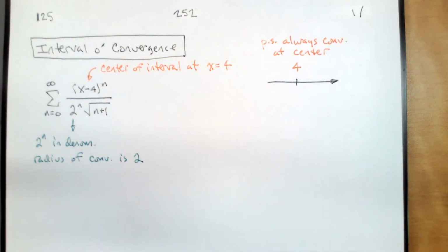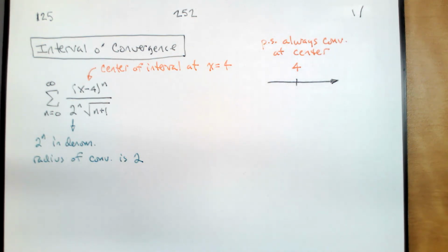So that 2 to the n in the denominator, that's going to tell us the radius of convergence will be 2 if it's finite. There's no factorials, so we're going to go with this radius of convergence of 2, a finite radius of convergence.